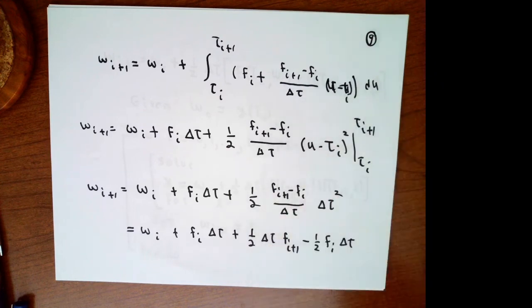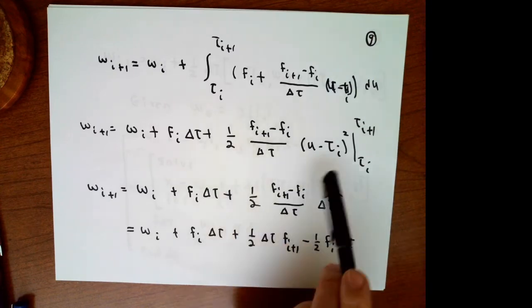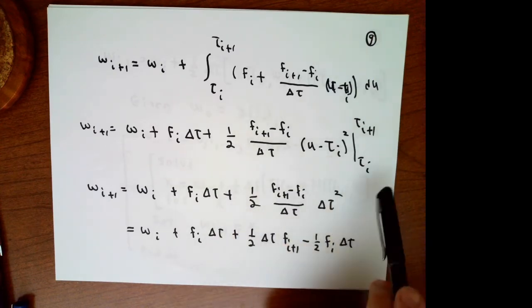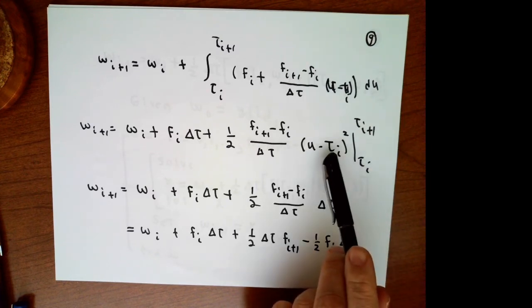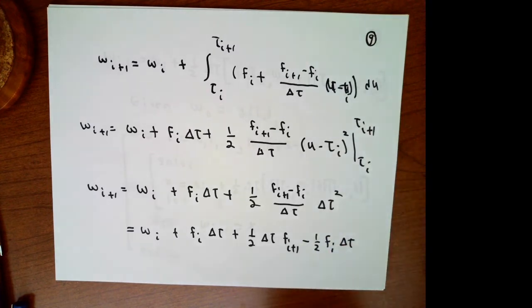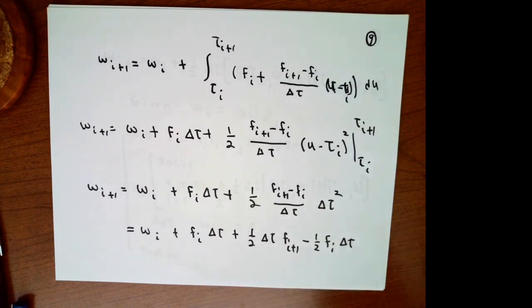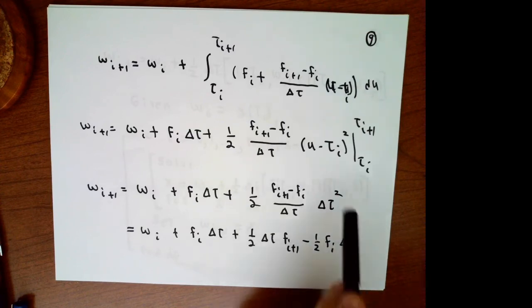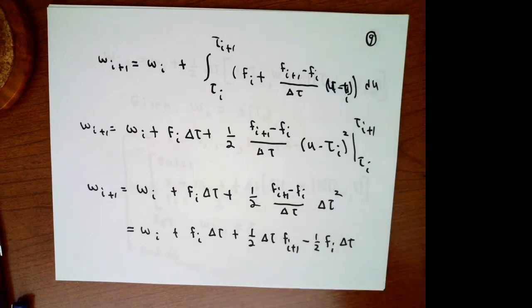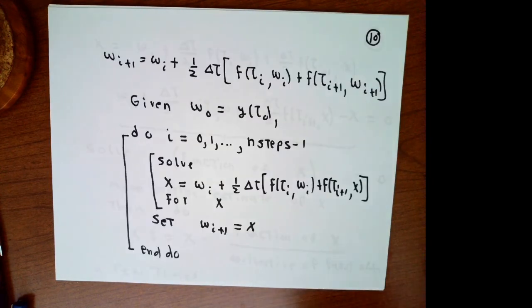If u is the variable, then an antiderivative for u minus ti is 1/2 u minus ti squared. When I put u equal to ti, I get 0. Ti plus 1 minus ti is delta t, so I'll get a factor of 1/2 and a factor of delta t squared. You can cancel out a delta t in that last term and obtain this expression, which you could leave written combined or separated as I had before.